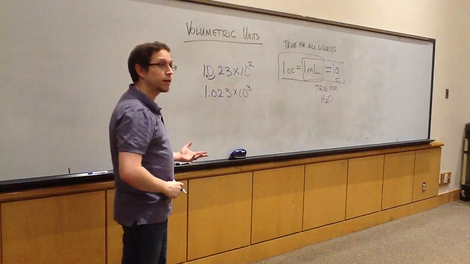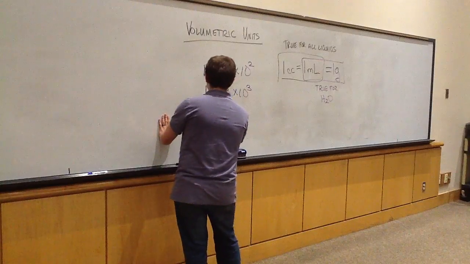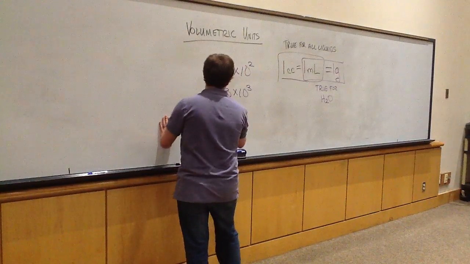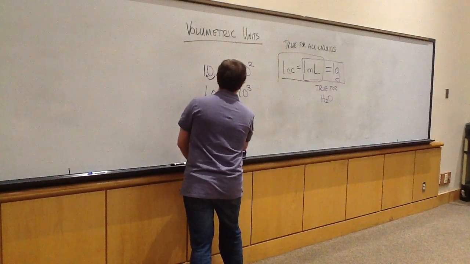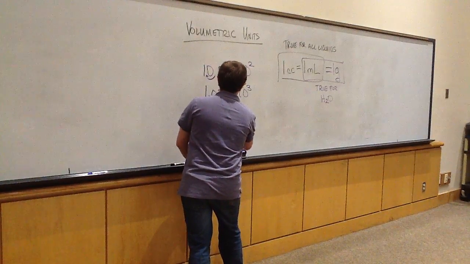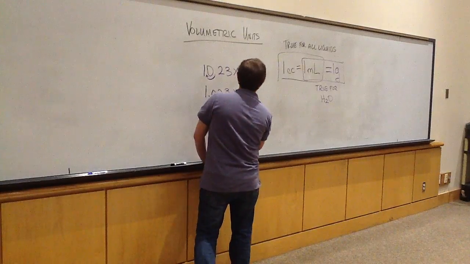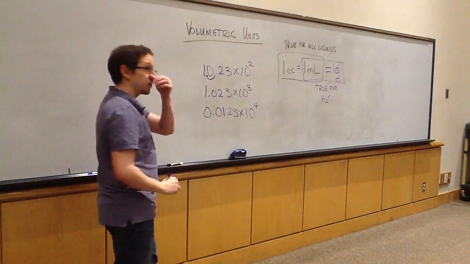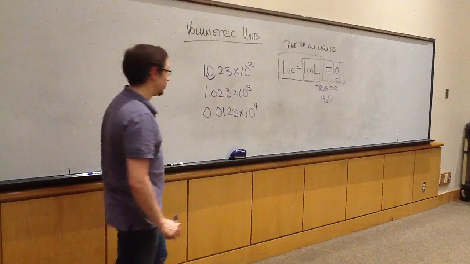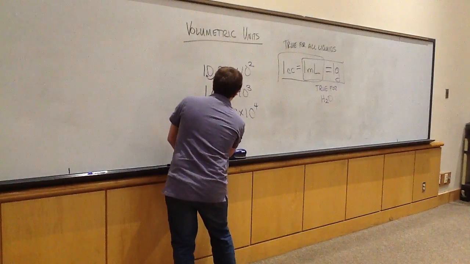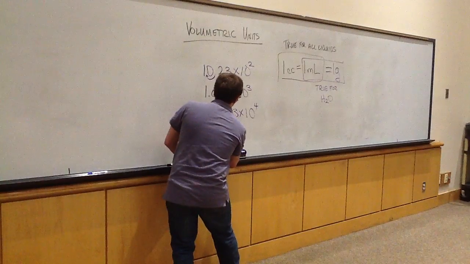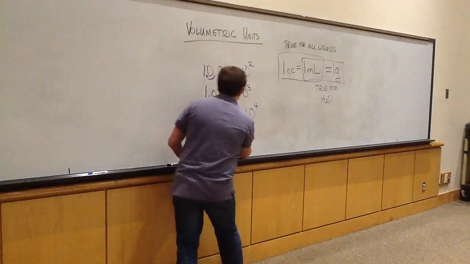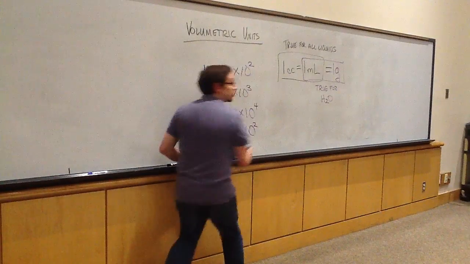If, however, it was, let's say, 0.0123 times 10 to the 4th, okay, and you needed to write this in scientific notation, you're going to move it 1, 2, so it's going to be 1.23 times, and you moved it 2 spaces to the right, so it's going to be times 10 squared.